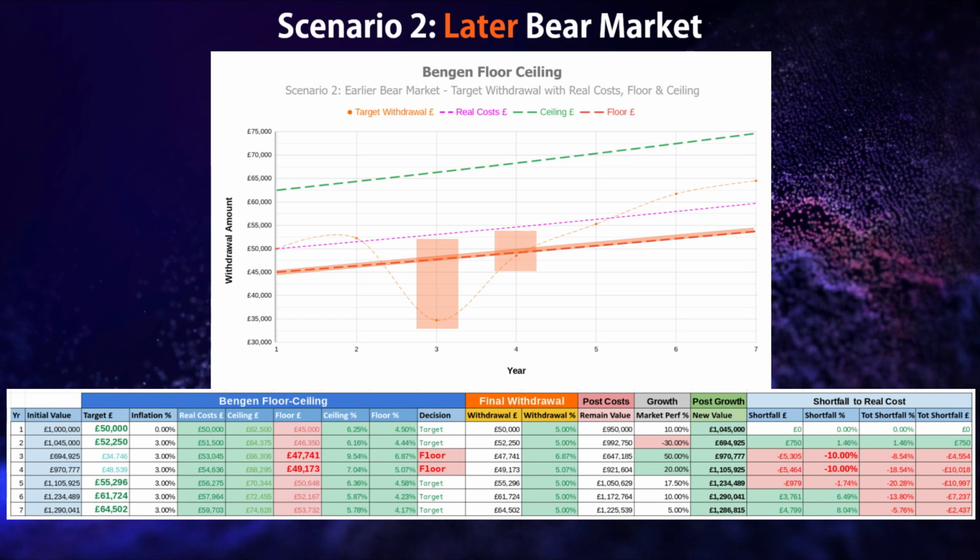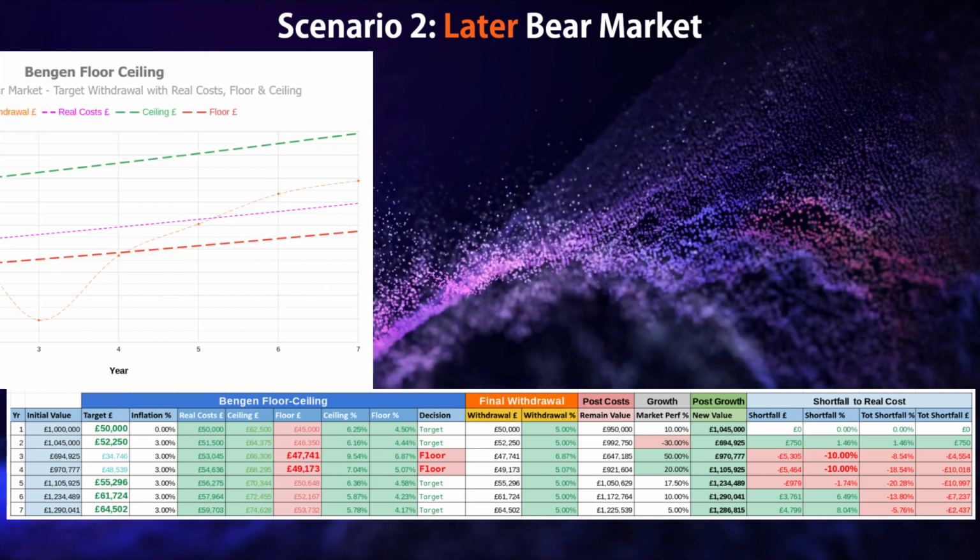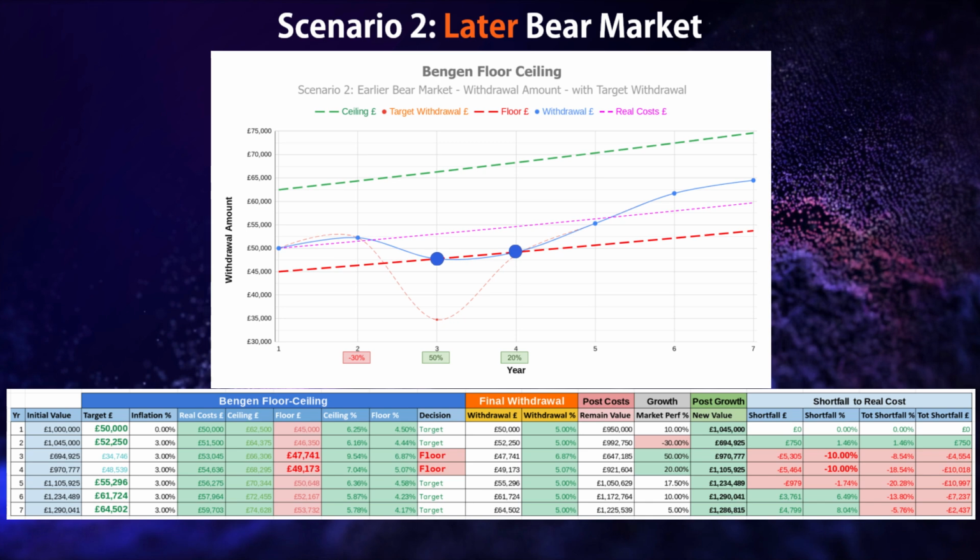During these years, the target withdrawals were £34,700 and £48,500, both falling below the inflation-adjusted floor limits of £47,700 and £49,200. Applying the hard floor limits, we see that Bengen's floor-ceiling strategy responds quickly to short-term market shifts, increasing withdrawals post-bear market.